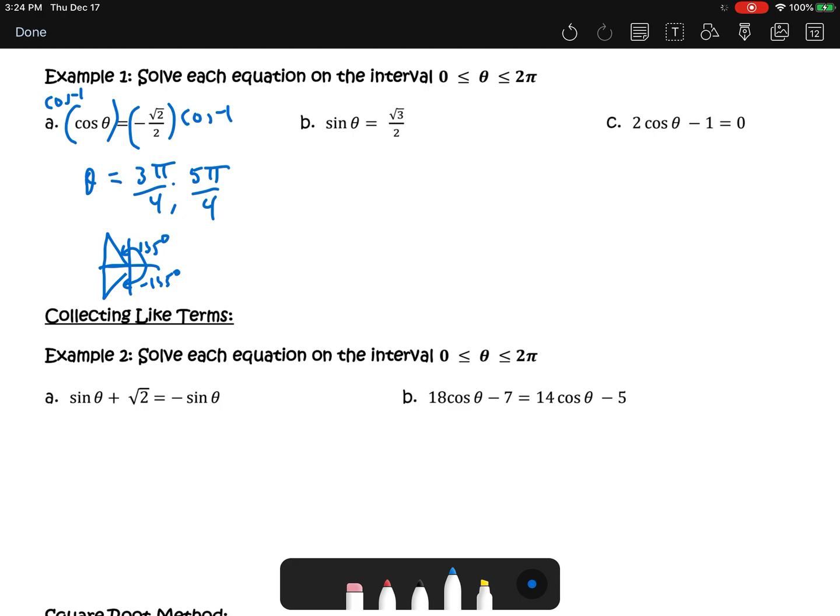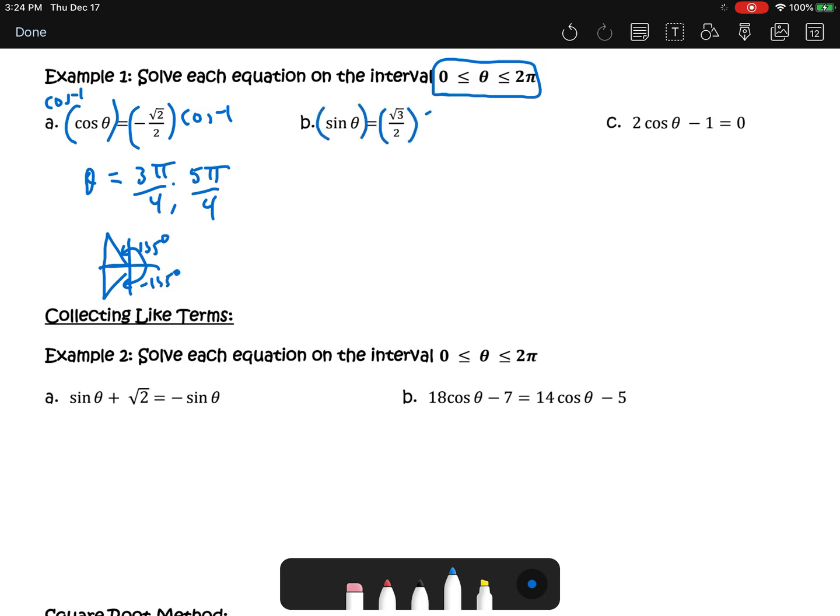If I take the cosine of 5 pi over 4, I get negative radical 2 over 2. But you're saying, now hold the boat here. You said when we do inverse cosine, the only answers are from 0 to pi, because that's the limitation put on it. But we're looking at an interval for answers right here. So theta can be anywhere from 0 to 2 pi.